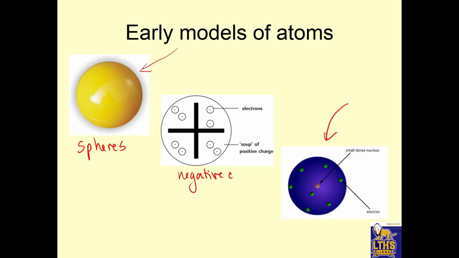But in order to have negative charge, there has to be positive charge as well. So there's kind of a dough. And after that negative charge was discovered, the dough had to be the positive and then the negatively charged particles. So we had to change our model. And then the nucleus was discovered. Nucleus was detected, I should say.